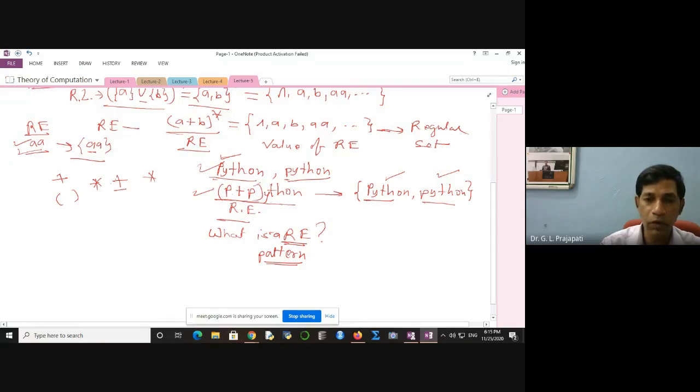Your output can contain either small p or capital P, the Python, and you are interested in such a word. You can represent that with this kind of formula. So this is the pattern. A regular expression is a pattern, so it is highly useful in the text editors you are using.